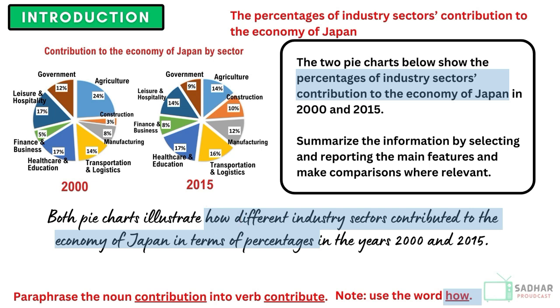Remember, I put an additional word "how," and then I change the noun into a verb. And of course, in this case, we need the subject, and the subject is different industry sectors. And then here, I change the word contribute into contributed.